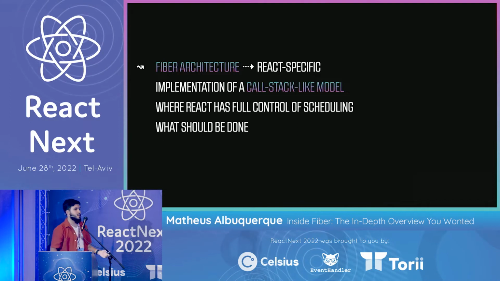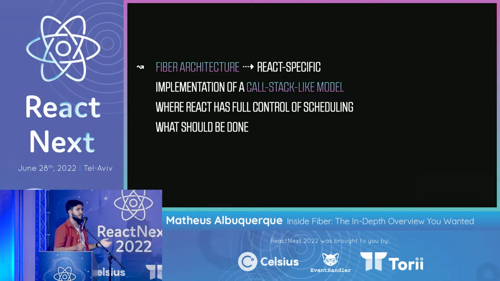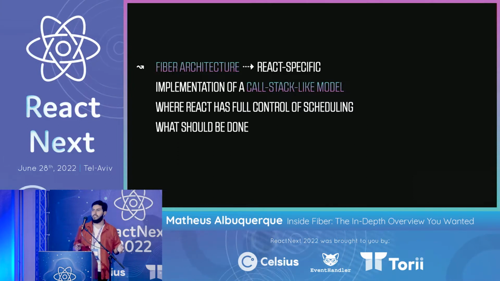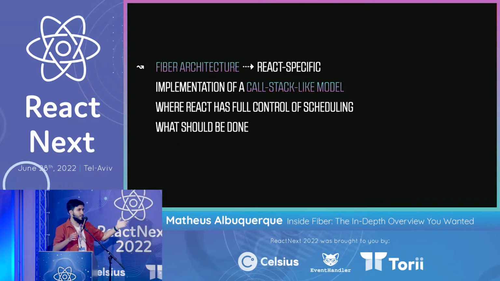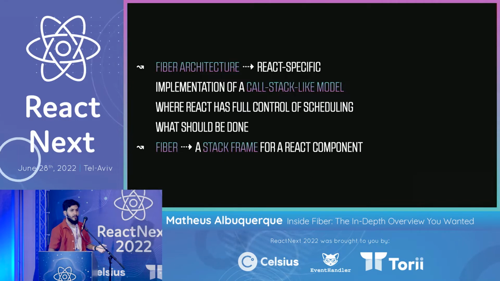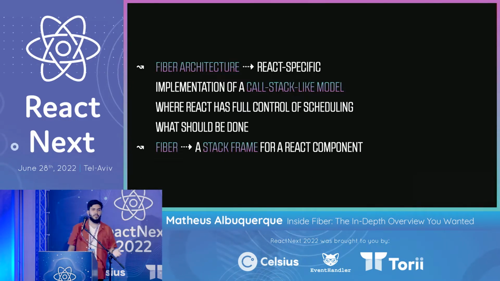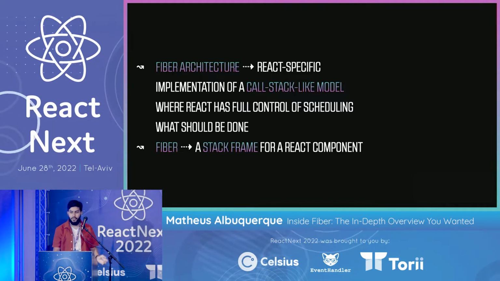So we get to the fiber architecture, this React-specific implementation of a call stack-alike model, where React has full control of scheduling what should be done. And now we have a fiber itself that we can see as a stack frame for this given component.